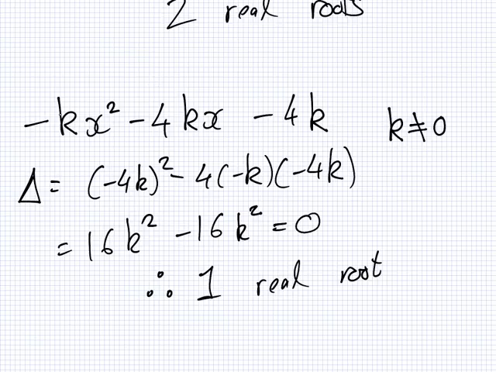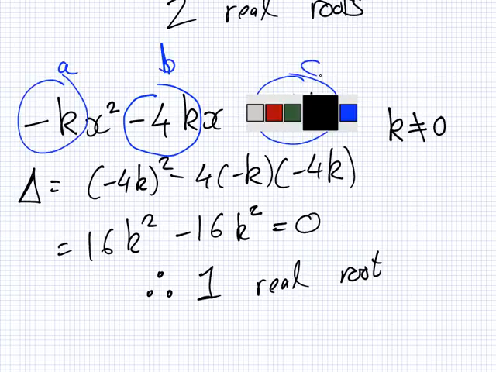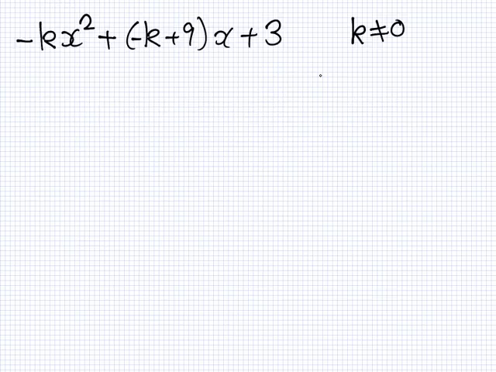This is A, this is B, including the 4. So this is B. Does it make sense? Okay, you have an answer? Yep.